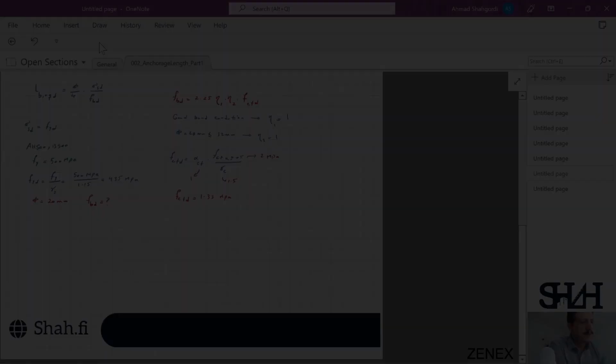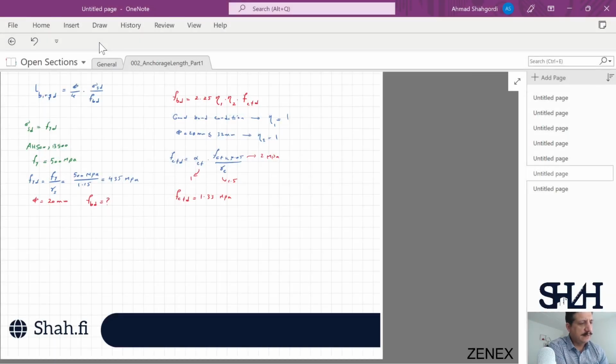megapascal. Now we have FCTD and we can calculate what is FBD, which is 2.25 eta 1 eta 2 FCTD. And substituting the values would result in 2.99. It's 3 megapascal.